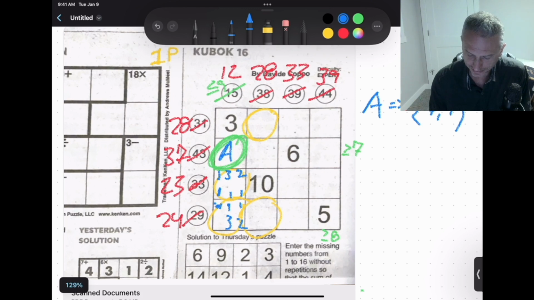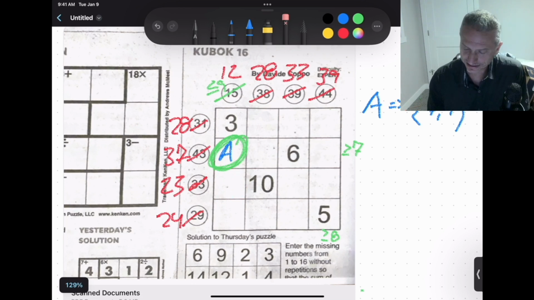Okay, and this gives us something else now. What does this give us? This gives us that 1 is used here no matter what. So now actually I can get rid of this 1. So now I got a lot of information right off the bat here. What do I know? I know that A belongs to 7 or 9.